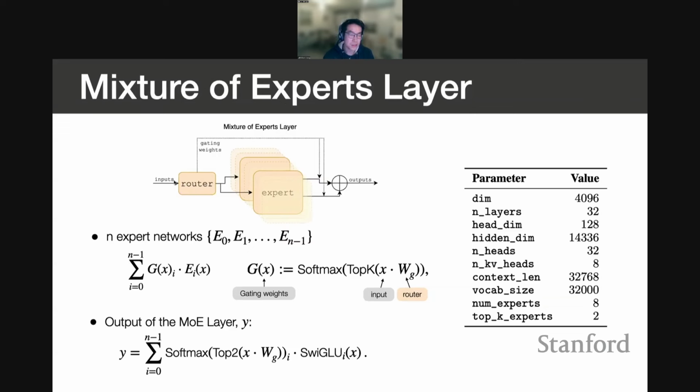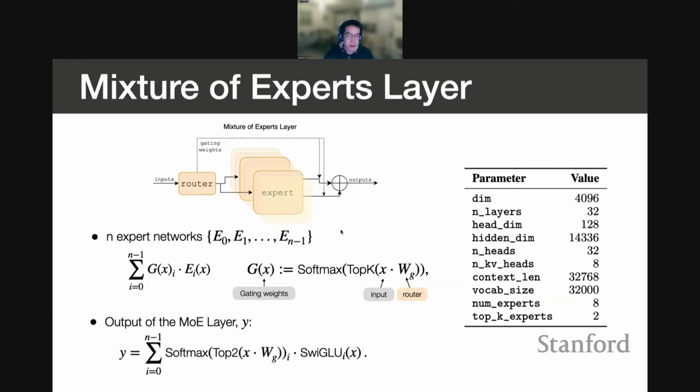We have the inputs that get sent to a router, and the router assigns the gating weights and picks the top two experts to give these inputs to. After these experts individually process the inputs, the gating weights will be applied to the output of the experts, and they get summed to get the results.